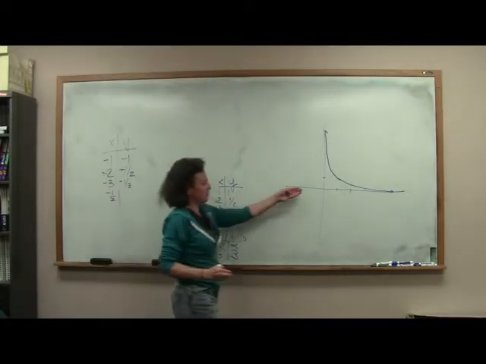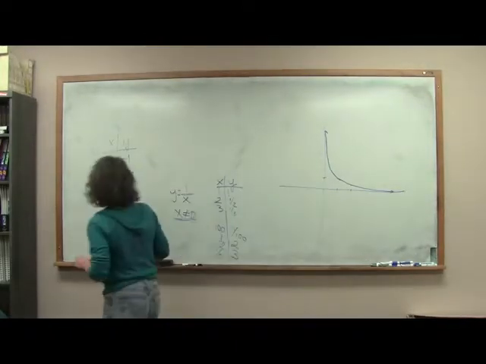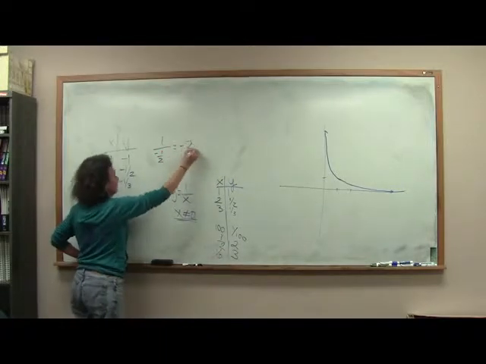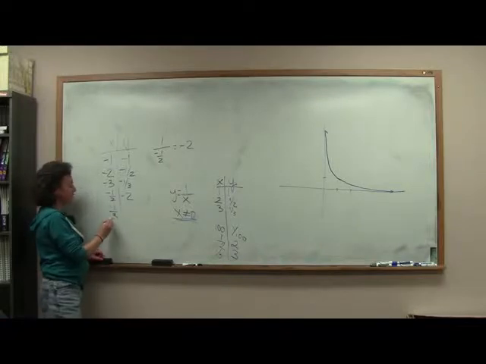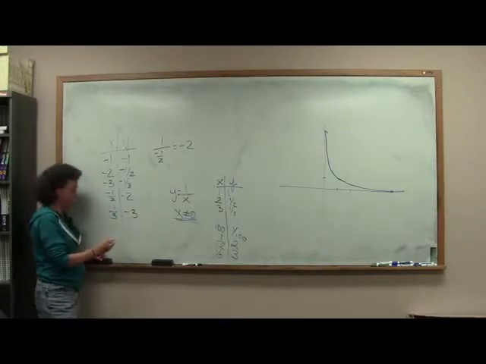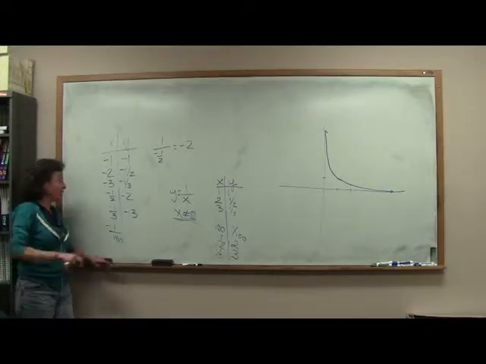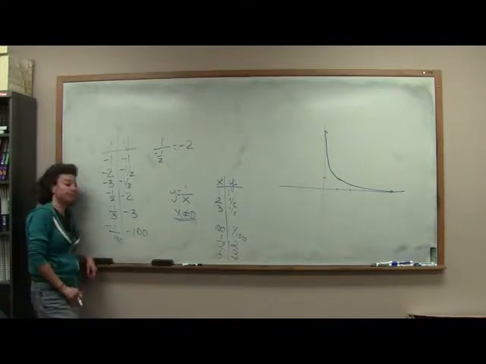In other words, get closer to 0, the forbidden point, from our negative direction. Well, 1 over -1/2 is -2. If you plug in -1/3, you get -3. If we go to the extreme and put in -1/100th, again we get -100.